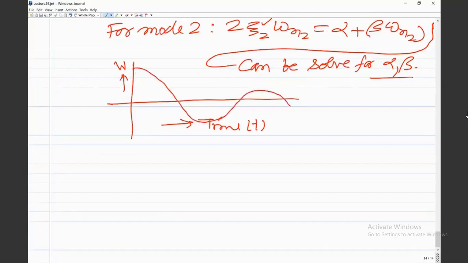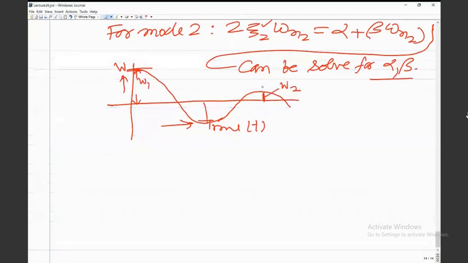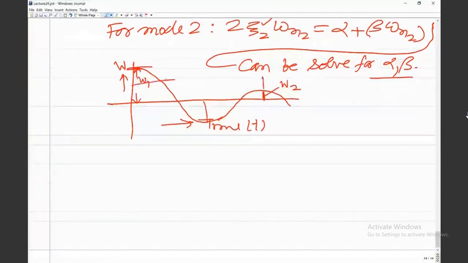Here let us say the amplitude is w1, and in the next cycle the amplitude is w2, and this time interval is 2 pi by omega n1. So experimentally you can also get your omega n1 if you know this time period, and you get w1 and w2. From this you find out what is known as the logarithmic decrement.